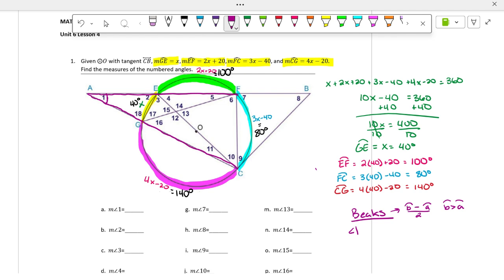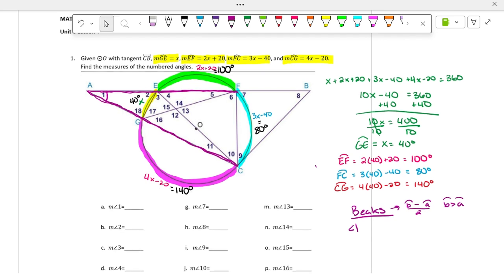What's the big arc that connects to angle 1? So what's the ice cream on the ice cream cone? What's the degree of it, I should say? So here's the cone, guys. Where's the top of the ice cream? It's 80. It's right here. FC, the blue. That's the top of the ice cream.